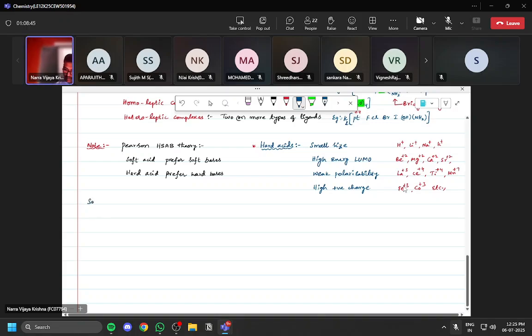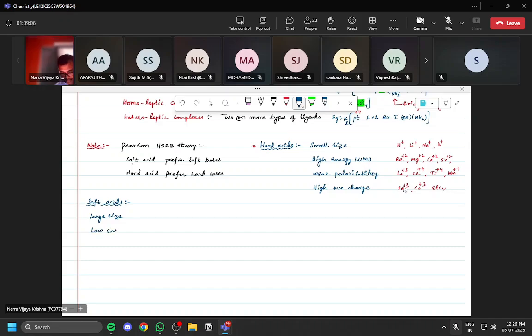Next, soft acids. What are soft acids? Large size, low energy LUMO. Highest occupied molecular orbital, right?